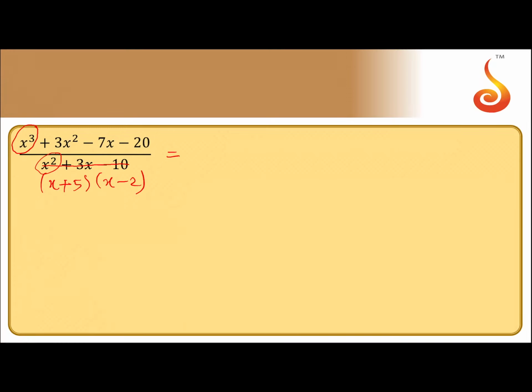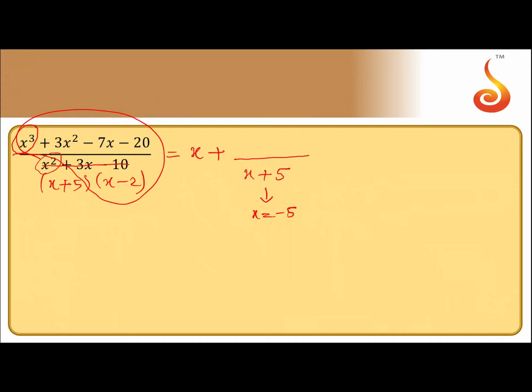Dividing x cube by x square, you get the quotient x plus one other factor. The partial fraction for x plus 5 is obtained by substituting x equals minus 5 in the remaining factors of the given fraction, which gives us the numerator.